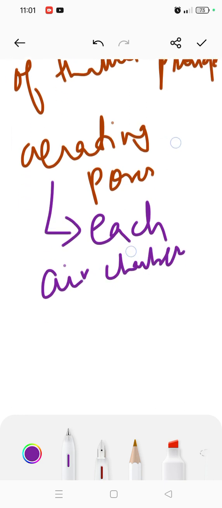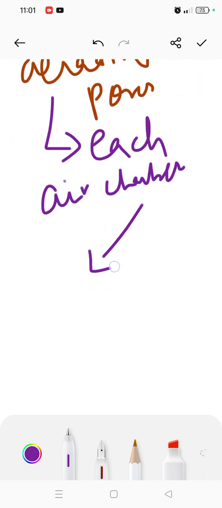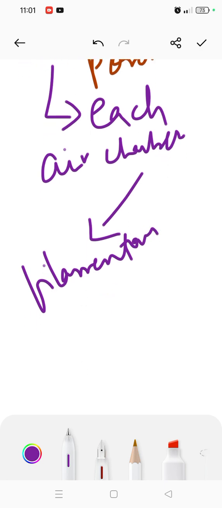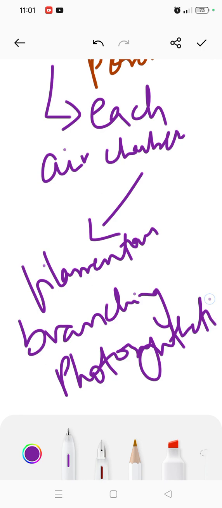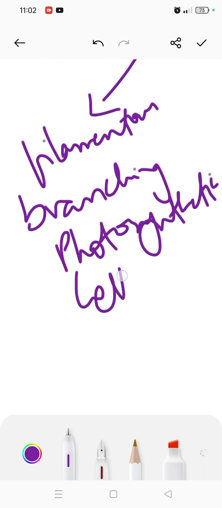These chambers contain filamentous and branching photosynthetic cells.